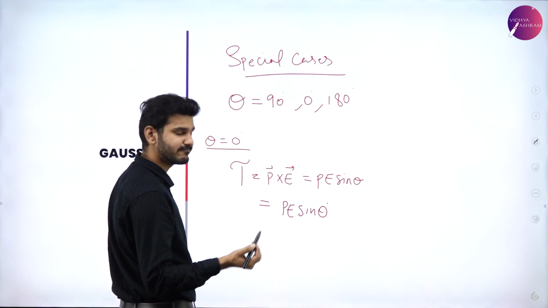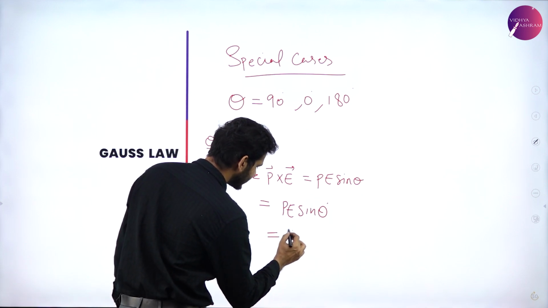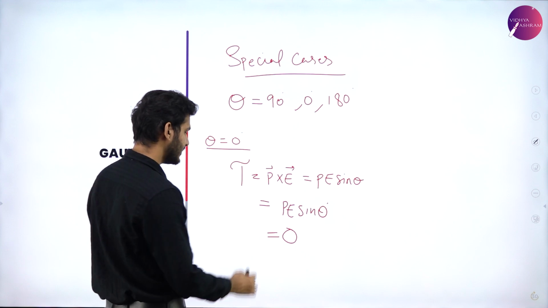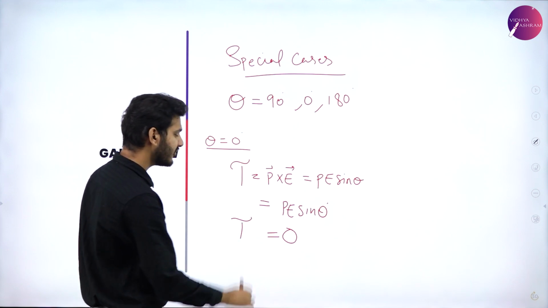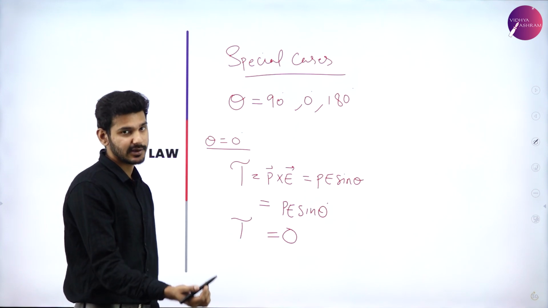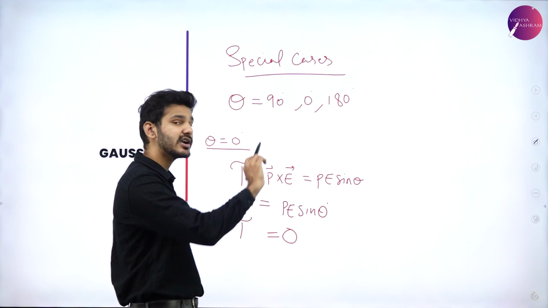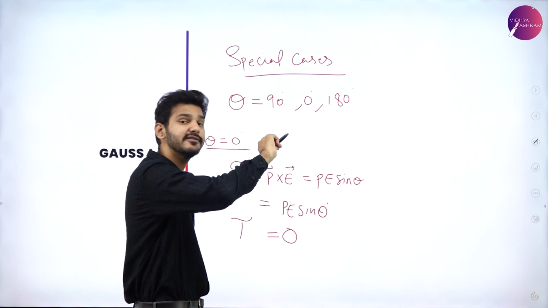Sine 0 is nothing but 0. So we can write this as 0, which means that there is no force being exerted on the dipole, or the dipole is not experiencing any rotational force.